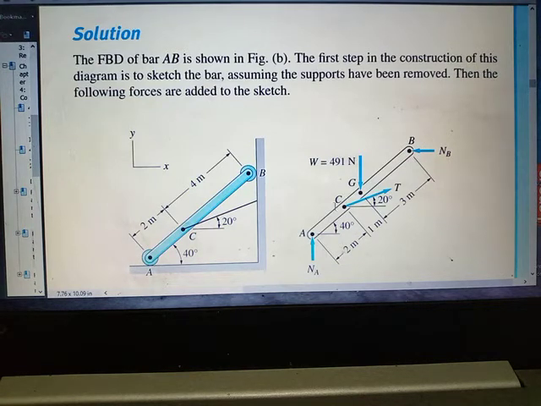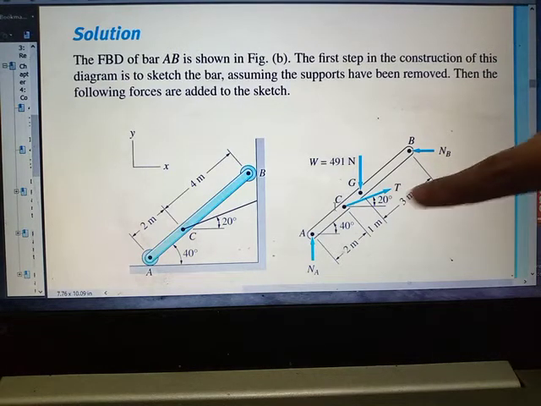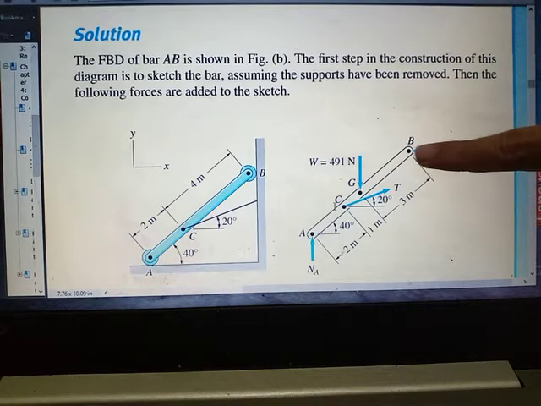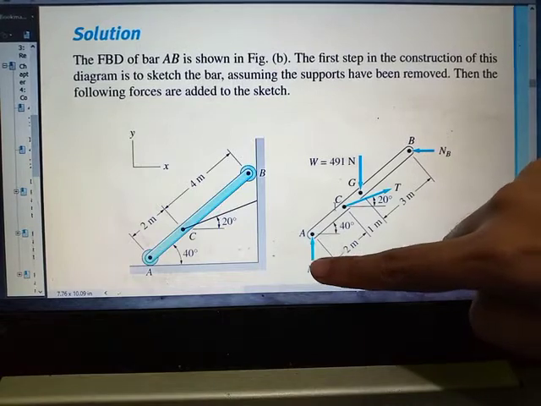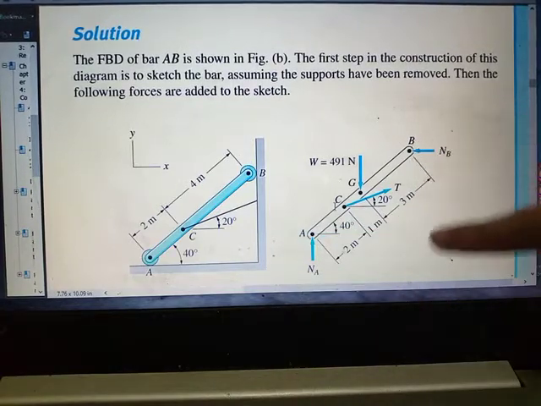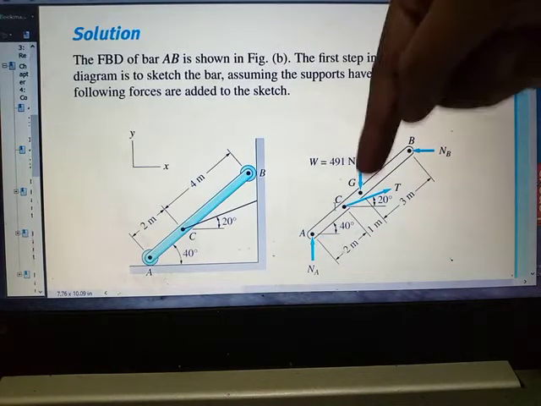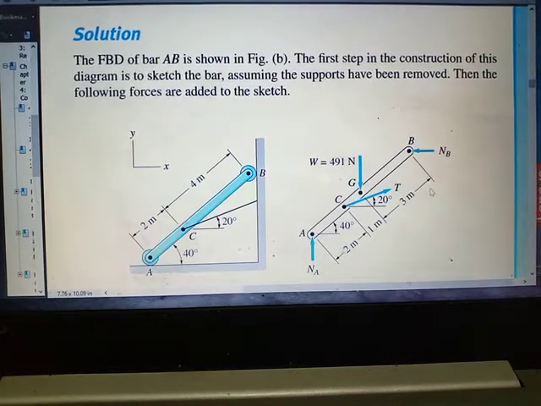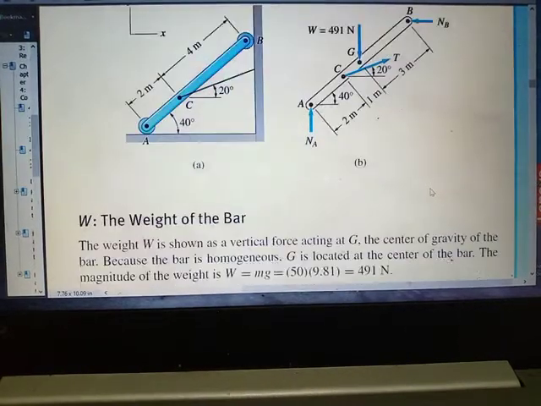So, meron kang tension dyan kasi it is parallel to your cable, and then it is acting away from the body, and then we have rollers, kaya meron kang normal force acting perpendicular to the surface, kaya meron kang NA at NB, at meron kang weight na pababa. Okay. So, since meron na tayong apat na forces, meron kang 3 unknowns. So, since 3 unknowns siya, we can solve this problem.